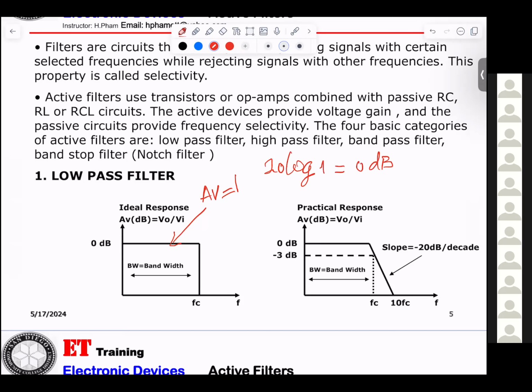Instead of using dB, I want it to be 1. That means V out equals V in. That means you have not lost any signal.